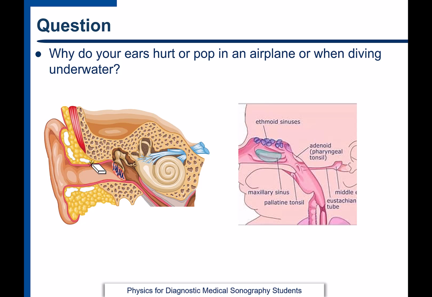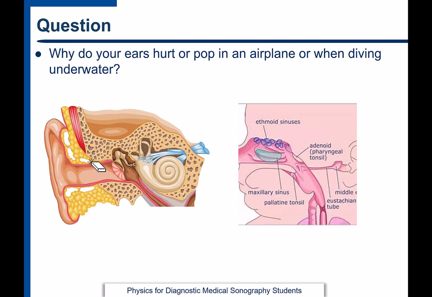Well, when you go up in an airplane, the air pressure is becoming less. In that case, you're going to have a higher pressure in here than out here, and that's going to make your ears hurt. When you go underwater, the opposite happens. The water underwater, the pressure is going to be higher here than it is in here.